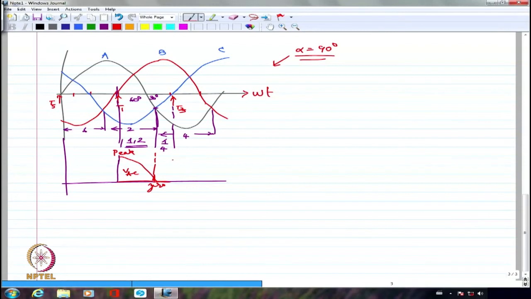And after that I am going to have 3 and 4 conducting. When 3 and 4 are conducting, it is VBA. So I am going to have again VBA. Right? And then after that it is going to be 0, because if 4 is conducting until here and 3 is continuing until this point, 6 has already started.